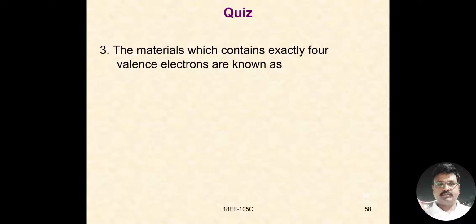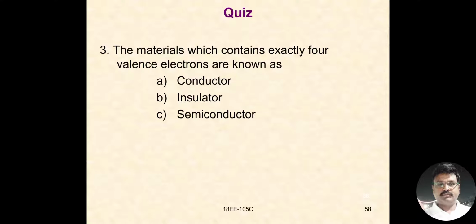The materials which contain exactly 4 valence electrons are known as: conductor, insulator, semiconductor, none of the above. The correct answer is semiconductor. A semiconductor contains exactly 4 valence electrons.